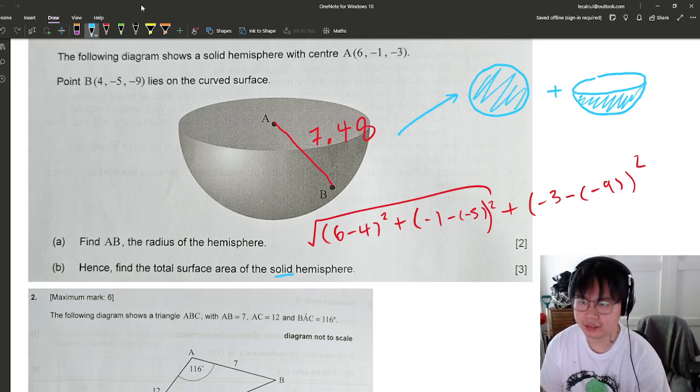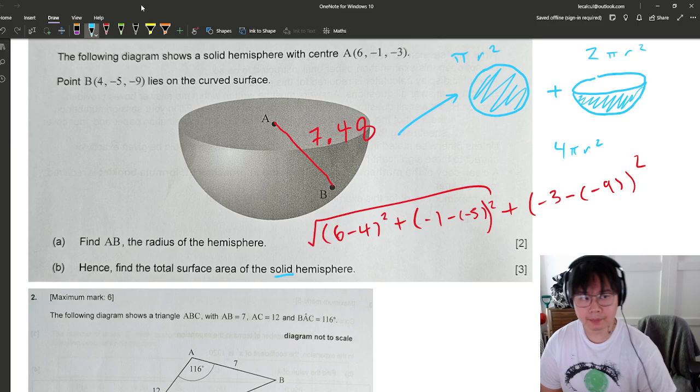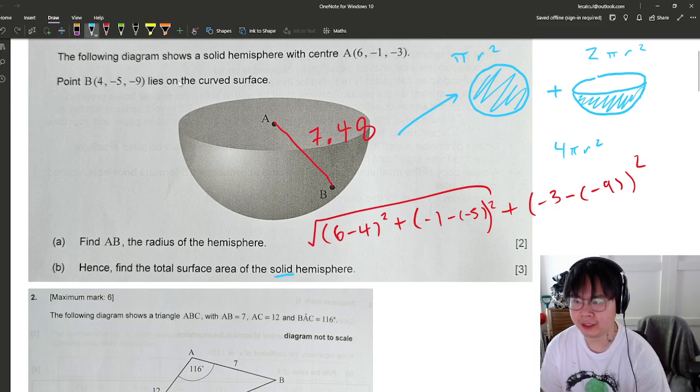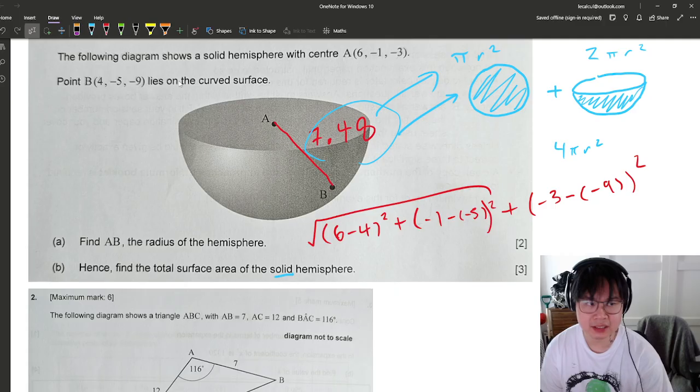Okay, and then these are straightforward. You have pi r squared for the area of the circle, and then a full sphere is 4 pi r squared, I think. And then this is half of it, so that's 2 pi r squared. And then of course now that we have our radius right here, we can just put it in and calculate the total surface area.